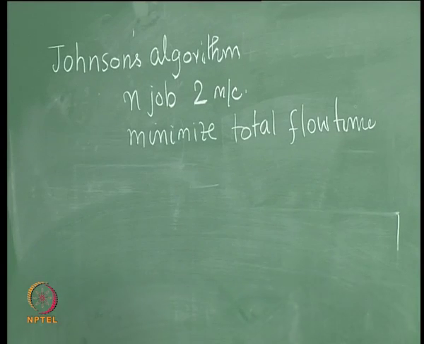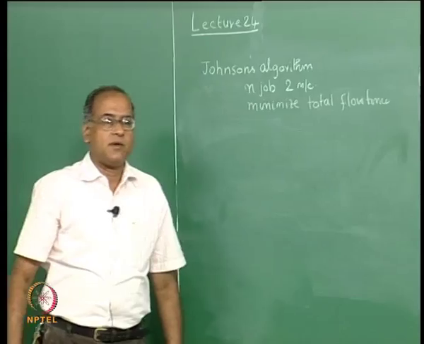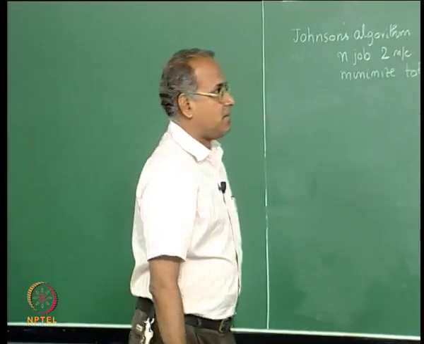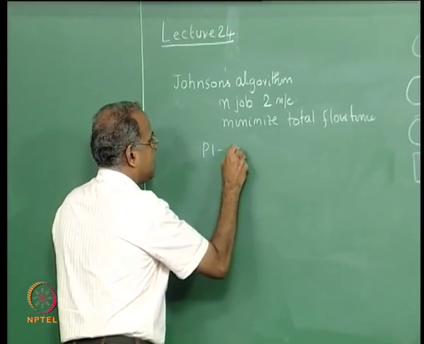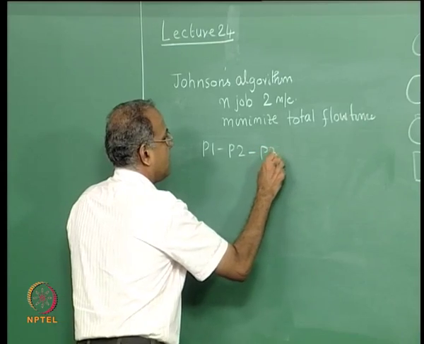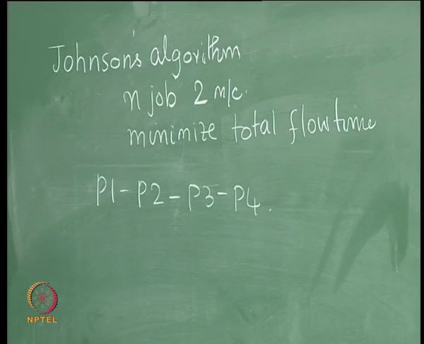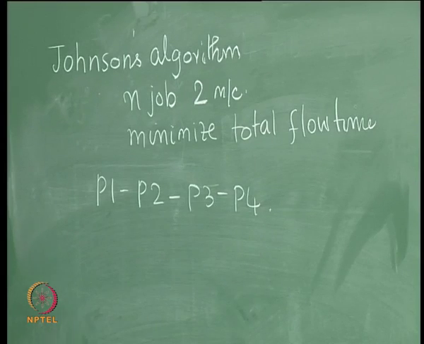then again we have to solve a different optimization problem, because in the Makespan we minimize the maximum of the completion times, in flow time we minimize the sum of completion times. For example, if we had followed the sequence P1, P2, P3, P4, and if we consider the second table given as the processing time data, then we look at the computations.